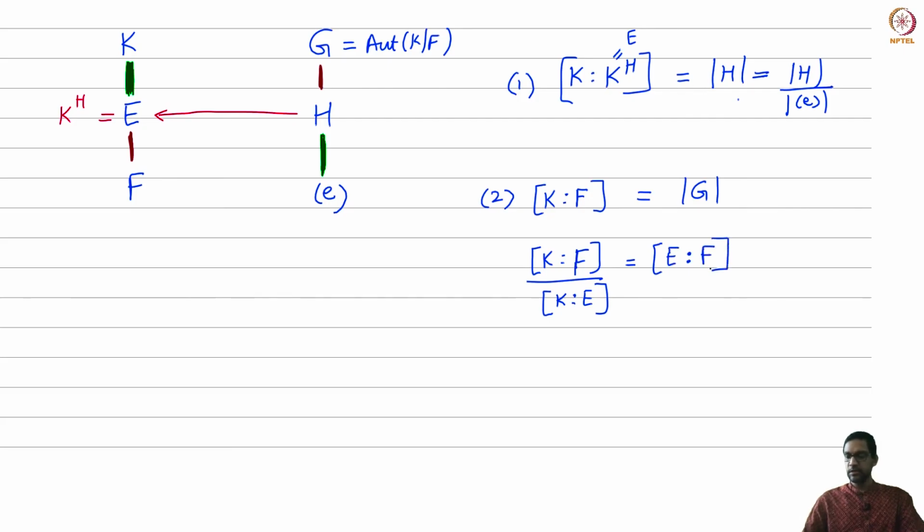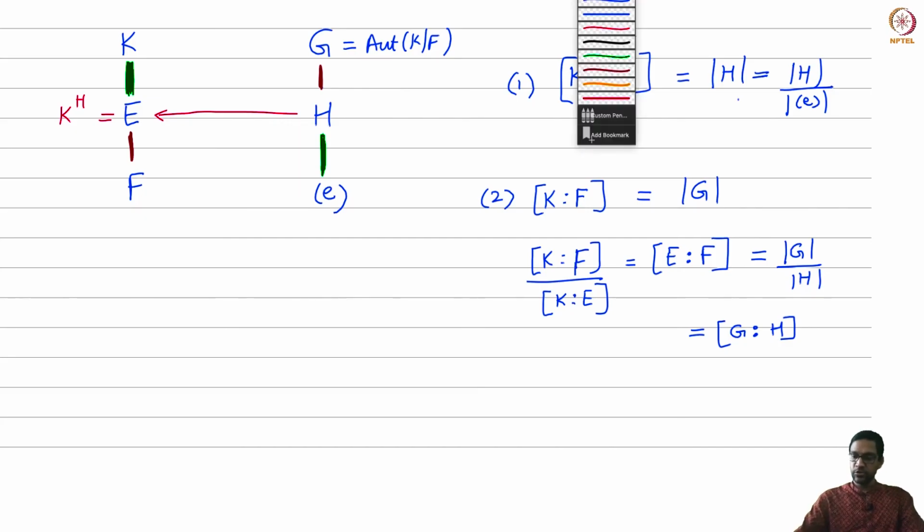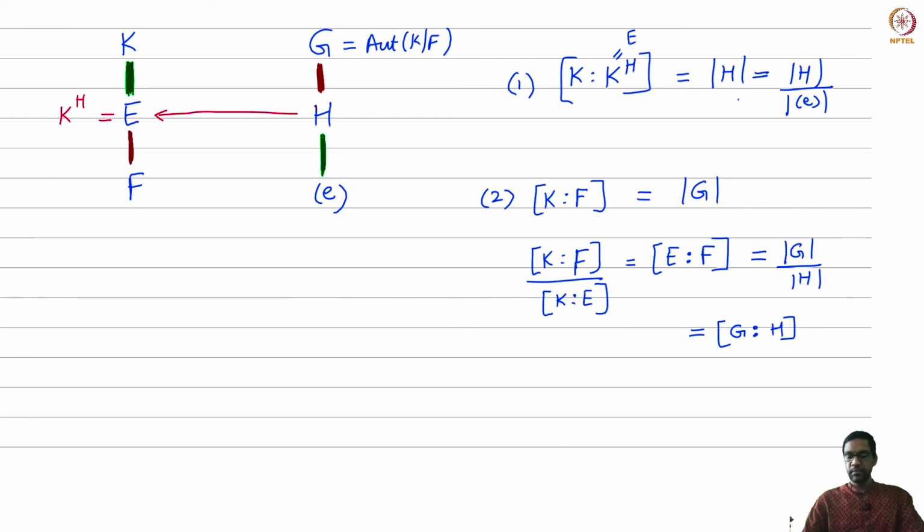So this is just the degree of the extension EF, and that's just the cardinality of G over the cardinality of H, which we could also write as the index of the subgroup H in G. There's also symmetry in the other direction. This index of H in G, or the quotient of their cardinalities, is the same as the degree of the extension E over F.